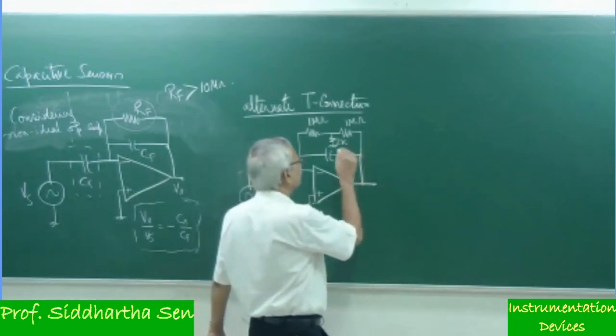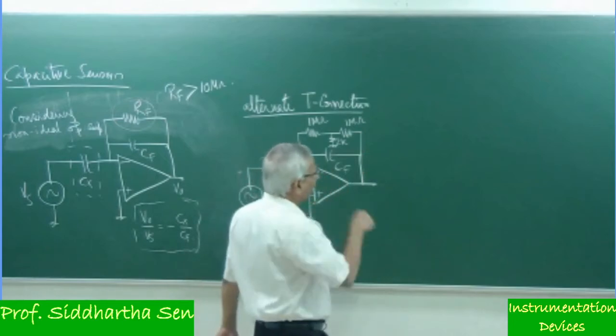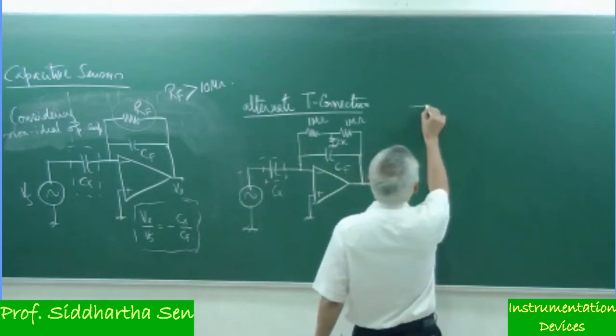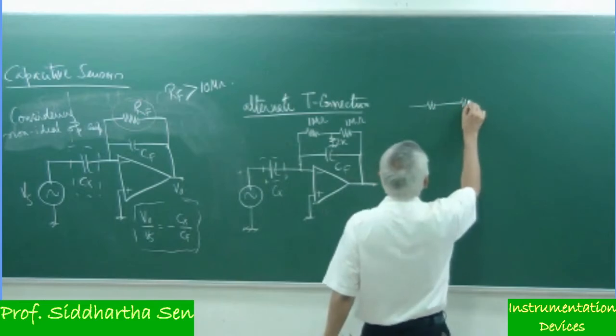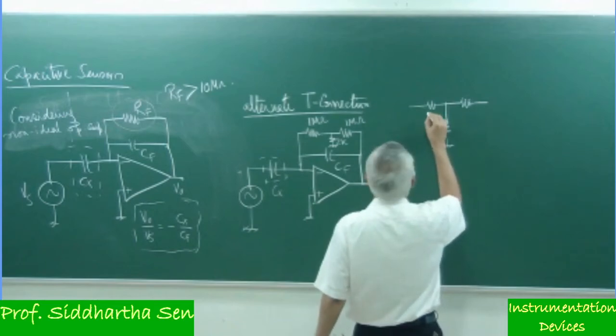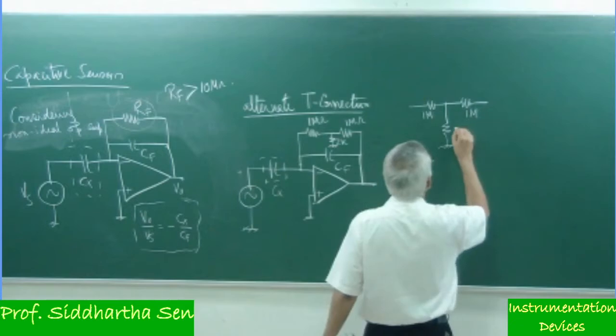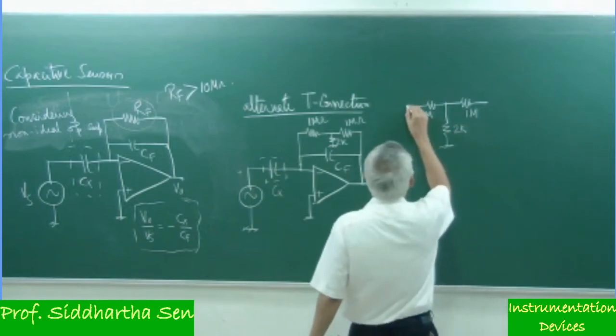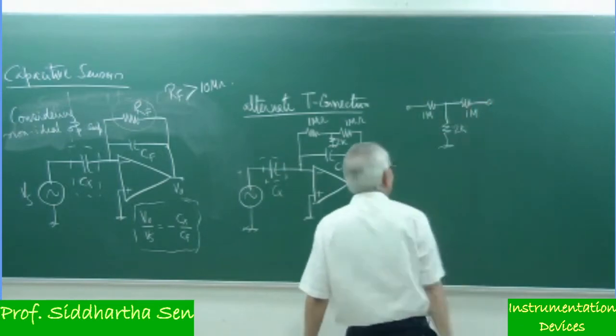How? Let us try to see in this part. So here you call it 1 mega ohm, 1 mega ohm, 2 kilo ohm. So these are the two terminals there.